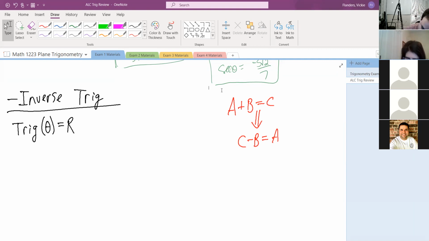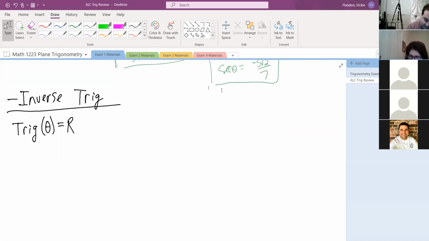The difference with trig is that it looks different than addition turning into subtraction. A lot of people forget that the trig functions themselves are operators, things that do their own action.